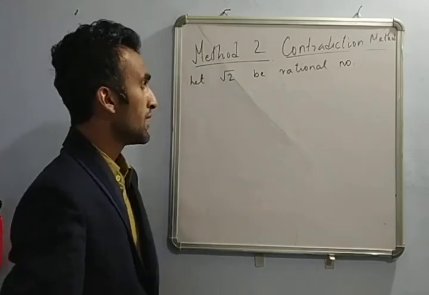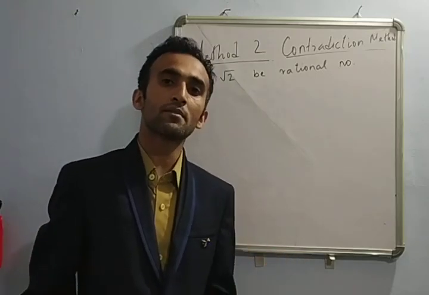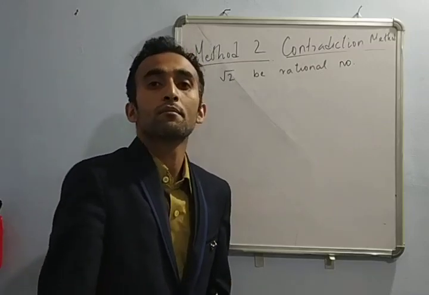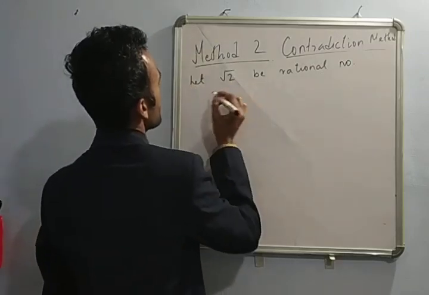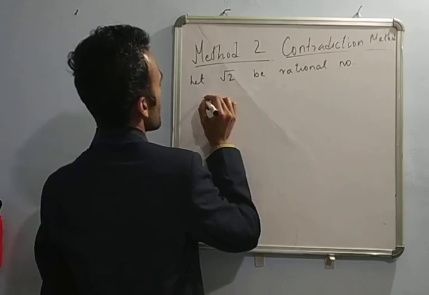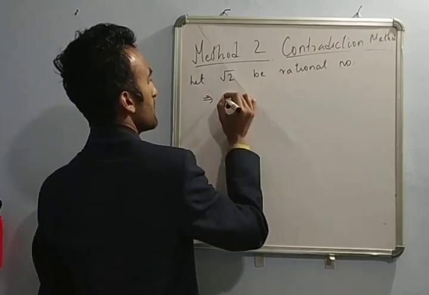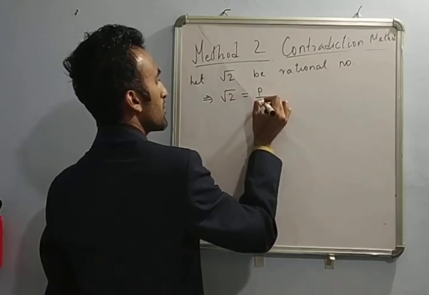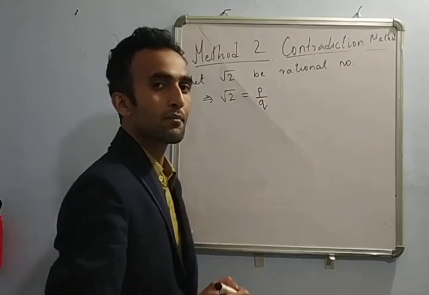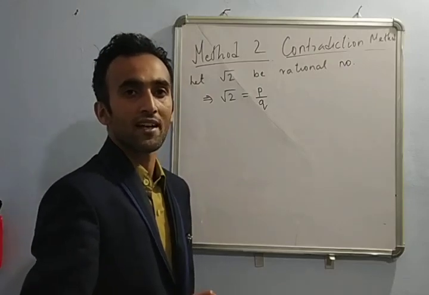Now you remember, if anything is a rational number, it can be expressed in the form P by Q. So if this is a rational number, it implies square root of 2 is equal to P by Q. Any number of the form P by Q is called a rational number.